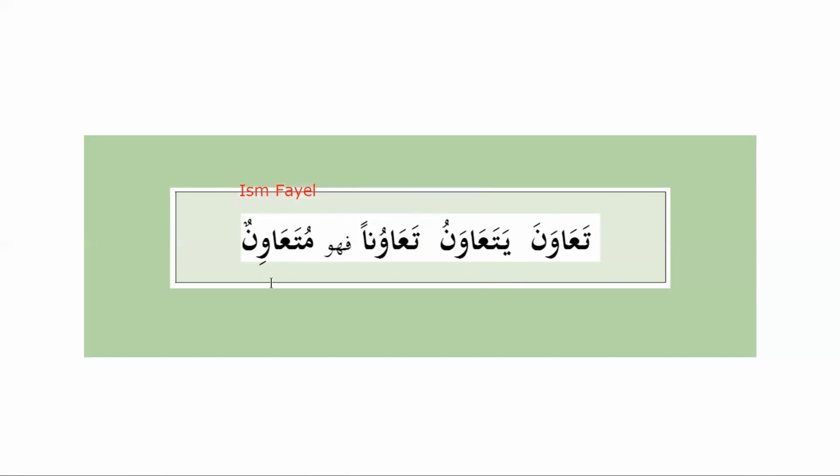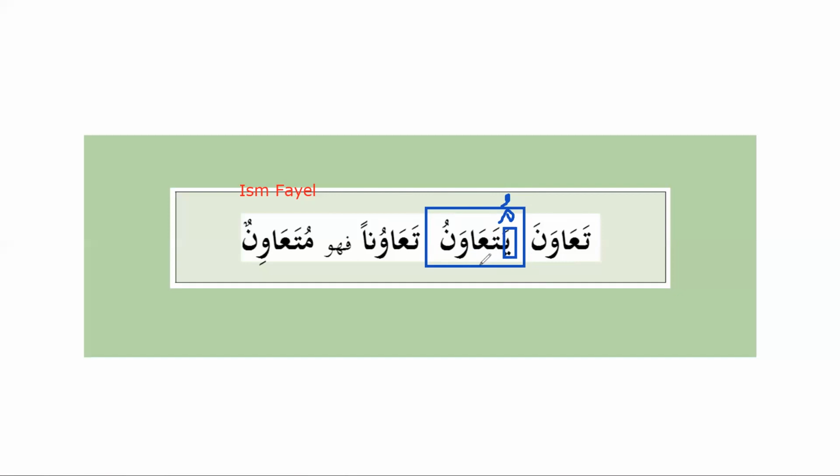You know how we make ism fa'il in all Mazid Fihi families. You take the huwa form of present tense, remove the ya and add a mu. So it becomes ism fa'il.